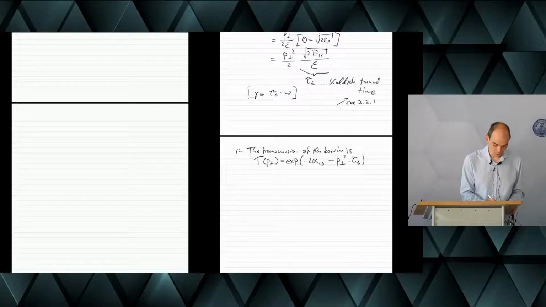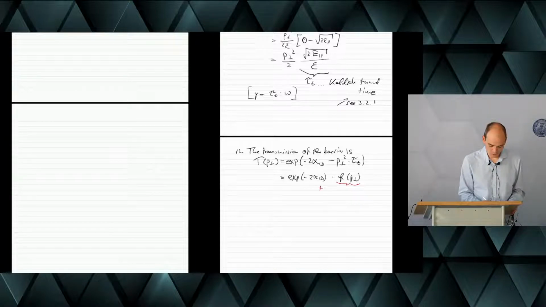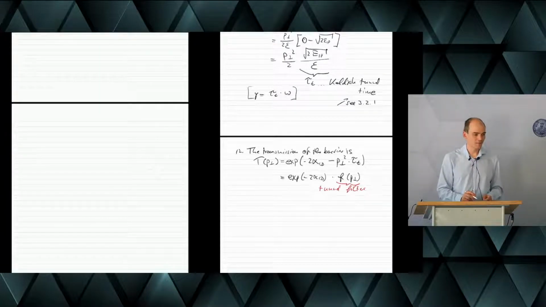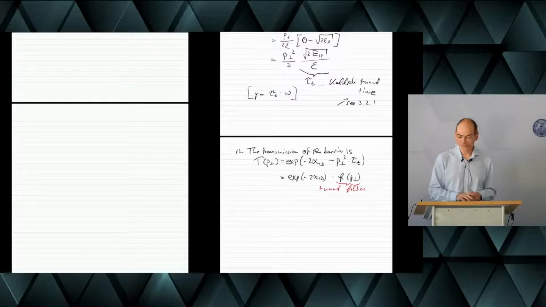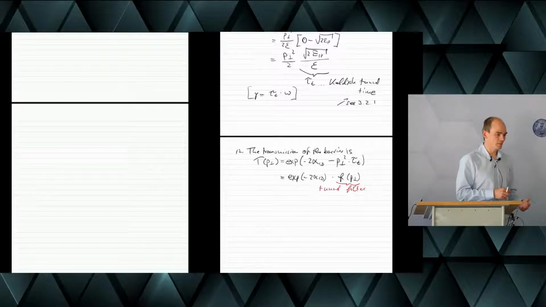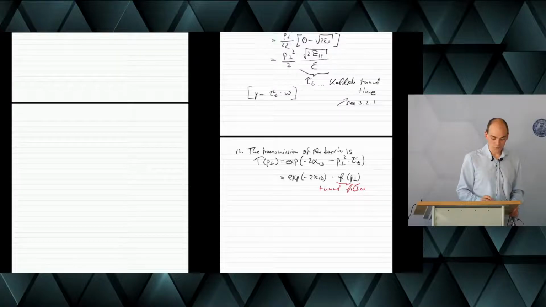Because these are exponential functions, you could also write it as such an expression, where this function could be called the tunnel filter. Essentially a low-pass filter for momenta. That means electrons with a low momentum have a higher probability to be transmitted through the tunnel.